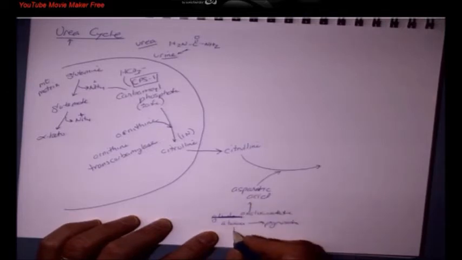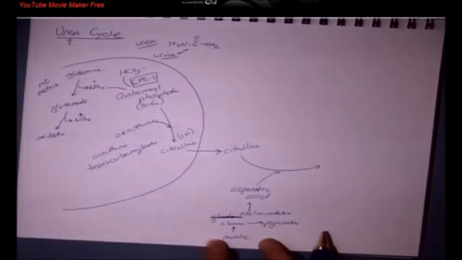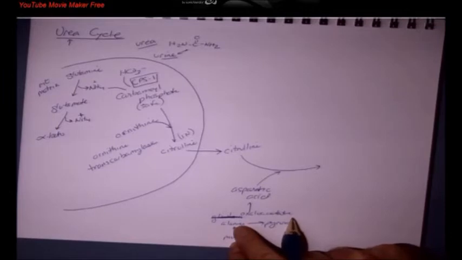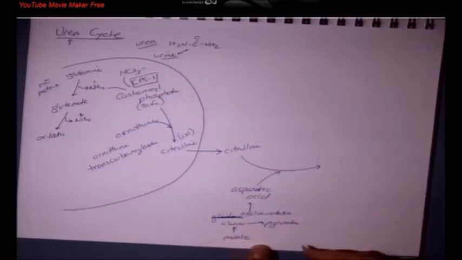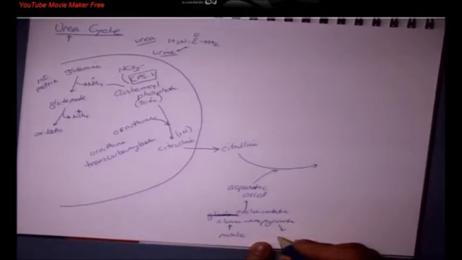And the alanine, of course, is coming from muscle. So this is what we just saw. Muscle makes alanine, sends it out to the liver, liver takes it up, makes pyruvate. The nitrogens, by this transamination reaction, go on to oxaloacetate to make aspartate. The pyruvate then in the liver goes on to gluconeogenesis.